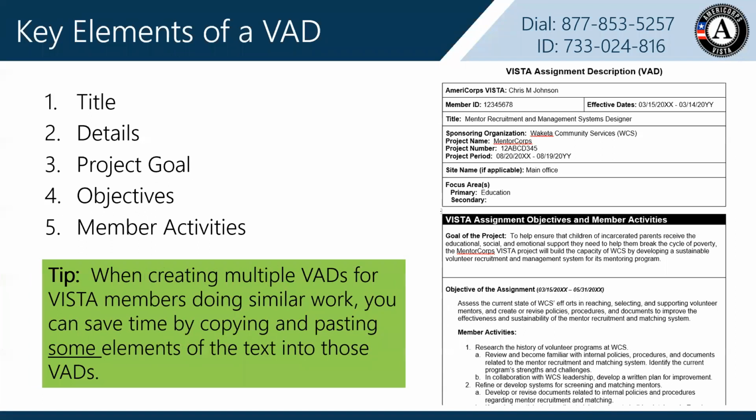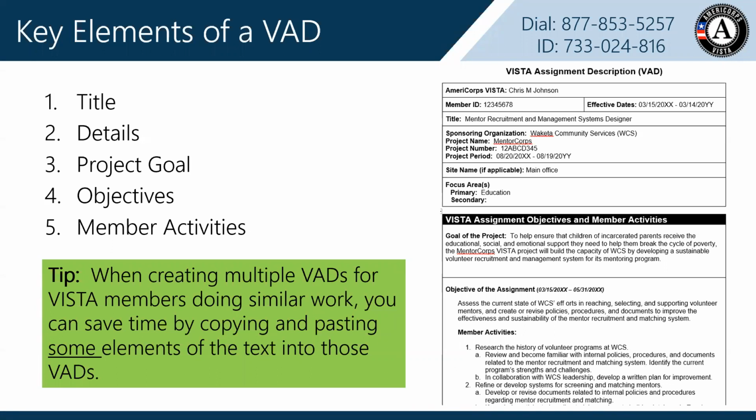Our tip for you, as we're looking at the title and details, when you're creating multiple VADs for VISTA members who are doing similar work, you can save time by copying and pasting some of the elements of the text into those VADs. Keeping in mind, however, that each VAD requires its own title because each VISTA gets a VAD unique to them and their work.